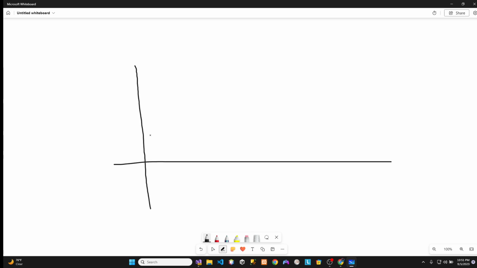So let's draw a graph here. We need a point here, and we need a point up here. We are drawing a rectangle, and you can make these numbers up. You can just say like 2, 4, and we can go with 8 and 10.